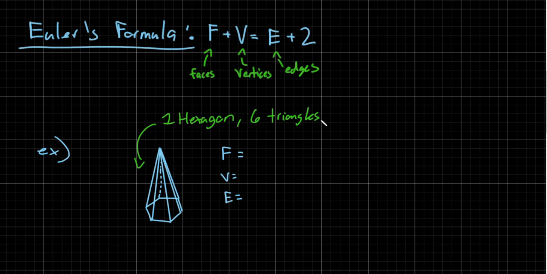So, Drew, if I have 1 hexagon at the bottom and 6 triangles around the outside, how many faces do I have in total? 7. We have 7 faces.